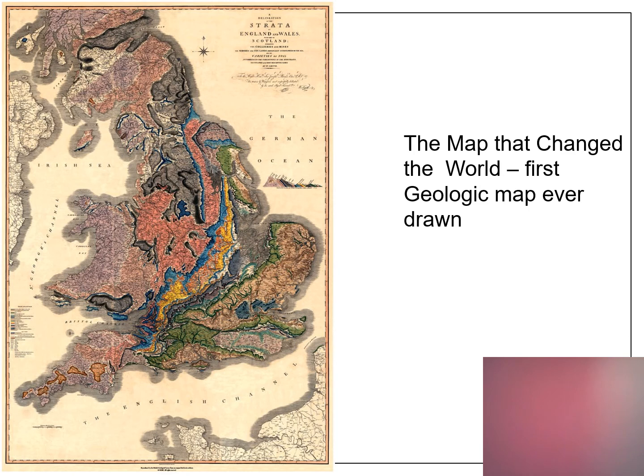These show the coal measures across Great Britain and the codes that he used to indicate the same type of rocks. So there is a book by Simon Winchester, one of my favorite authors, called The Map That Changed the World, and it really did.